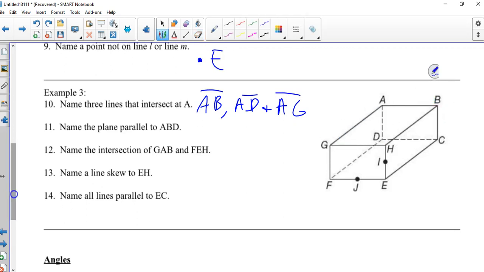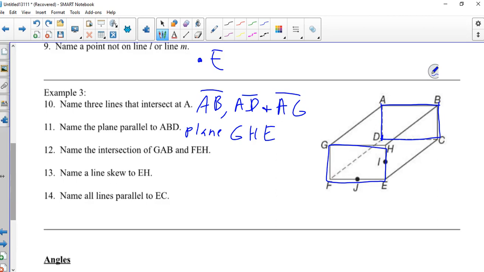So once again, I suggest you find which one has A, B, and D. Call that the right side of the box, the back of the box. What is parallel to it? Right here. So that would be plane GAG.